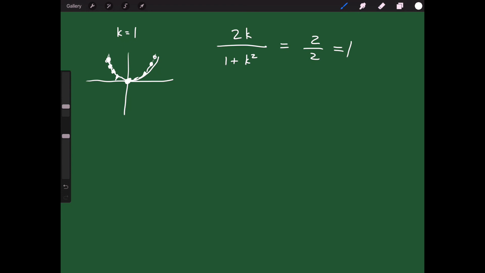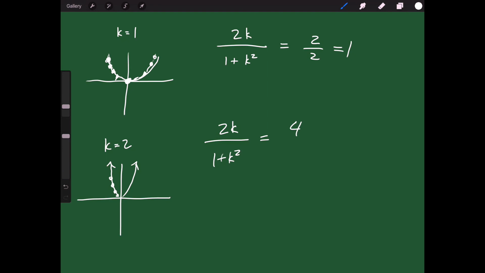But what if I walked along a different path? Let's say k was 2. If k equals 2, then I'm walking along a different parabola, a more steep parabola, to get to the origin. So 2k over 1 plus k squared is going to be equal to 4 over 1 plus 4, which is 5, or 4/5.